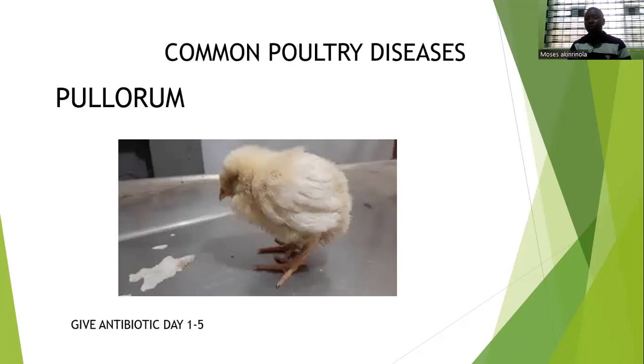Number one is pullorum. For those of us who want to plan, because Christmas is approaching and I'm very sure you will be preparing to raise broilers for Christmas and for New Year, these are things you need to be aware of. Pullorum disease affects chicks a lot, even from the hatchery.